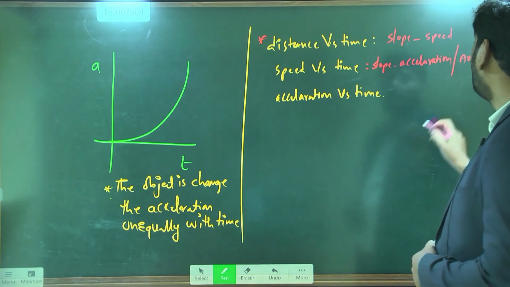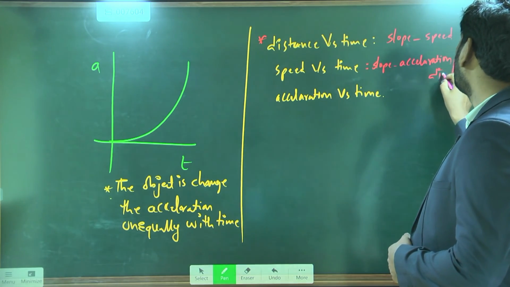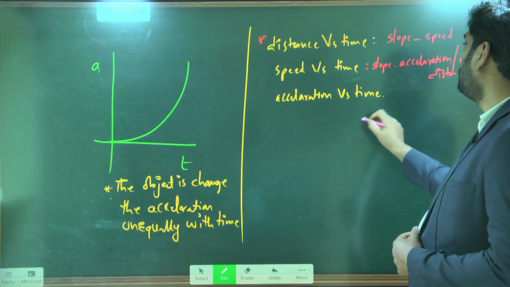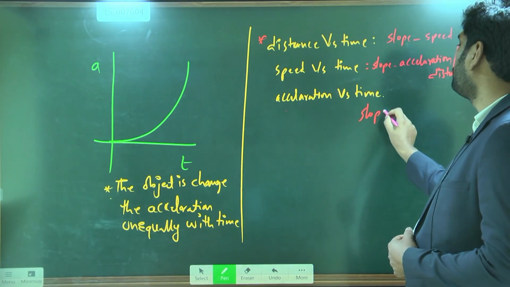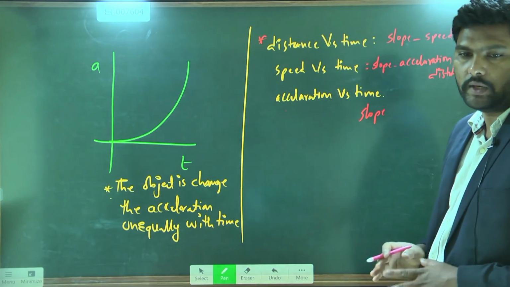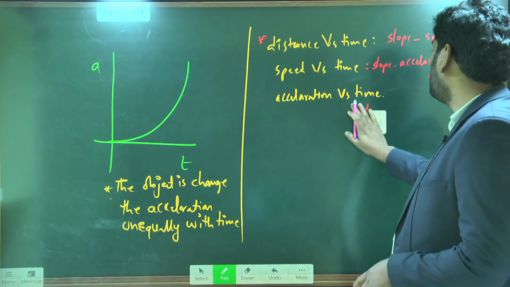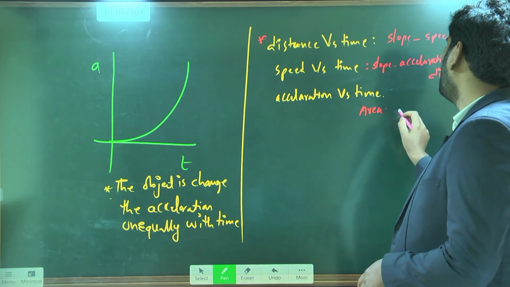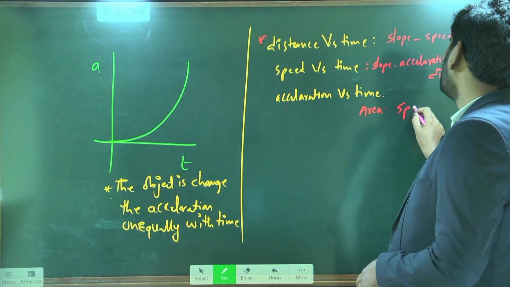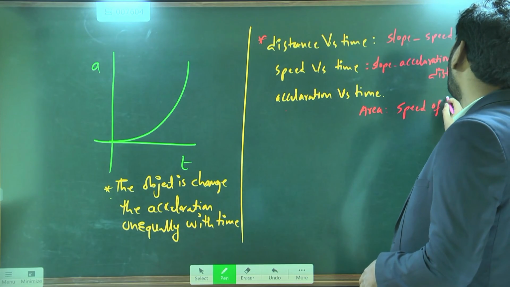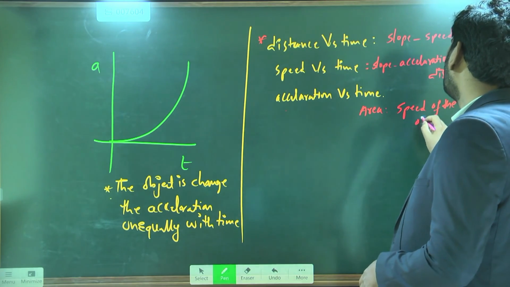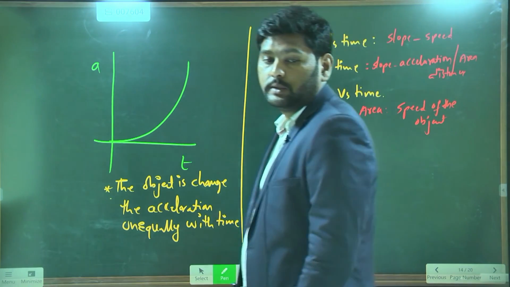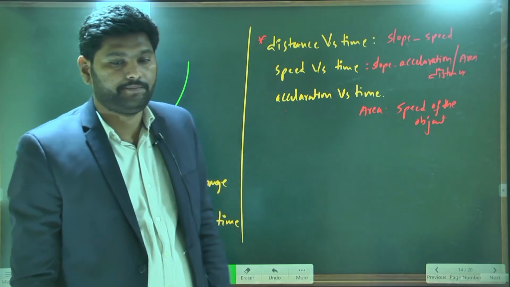What will the area give? Distance covered by the body. Okay, distance. Same way, in acceleration versus time, the slope will give nothing, but the area under the graph is the speed of the object. These are very important things you need to remember every time.